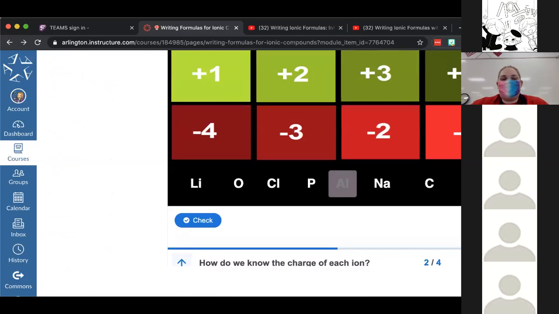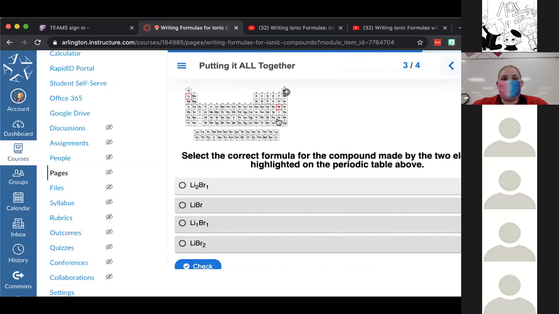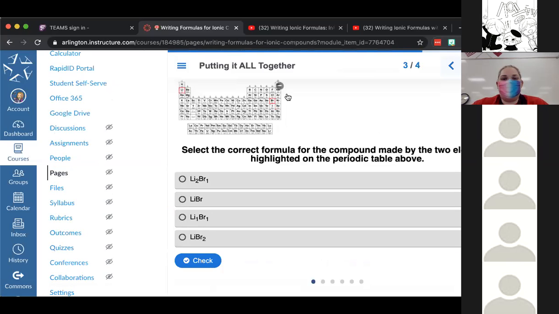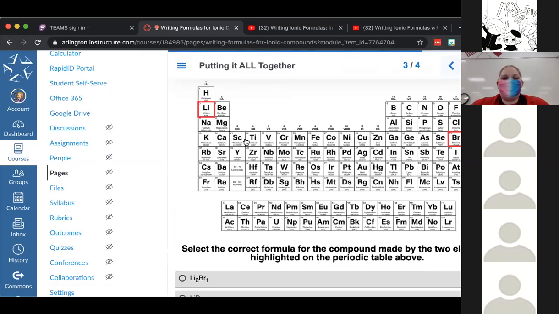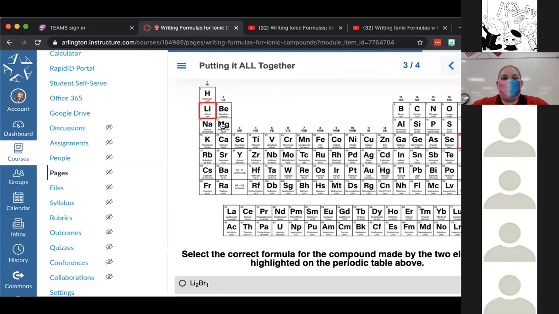All right, putting this together, you have a final practice. It's going to highlight two elements, and you can click to zoom if you need to make the periodic table bigger, and it asks: what is the formula for the compound made by the 2 elements highlighted? This one has Li, which is lithium, and bromine. So I'm trying to make lithium bromide, which would be the name because it's an ionic compound.